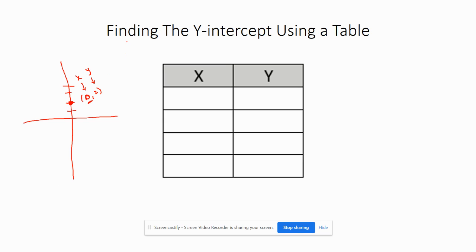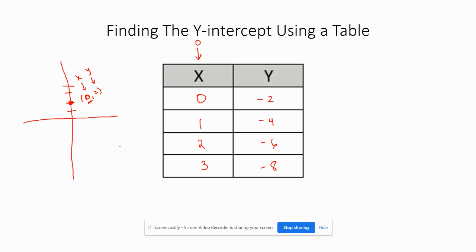So what we have to understand when finding the y-intercept using a table is that wherever our x is 0, that's what the y-intercept is. Okay, so let's say we have x values 0, 1, 2, and 3, and y values -2, -4, -6, and -8.